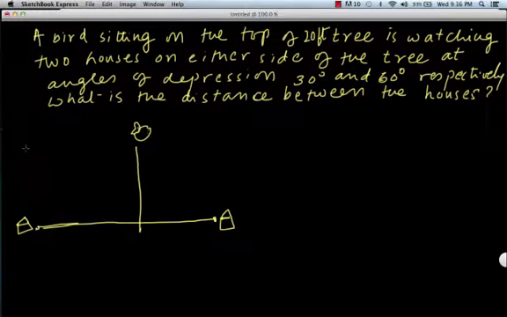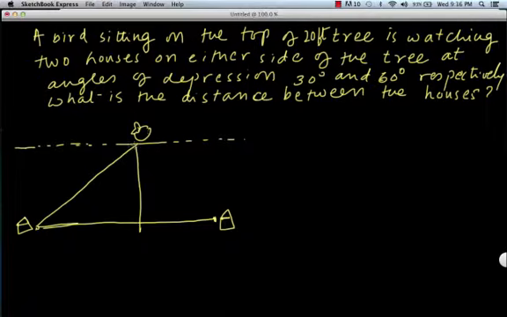So angles of depression are represented as follows. Let's connect that. So 30 degrees is the angle of depression. This angle of depression is represented this way. And the other one is 60 degrees.